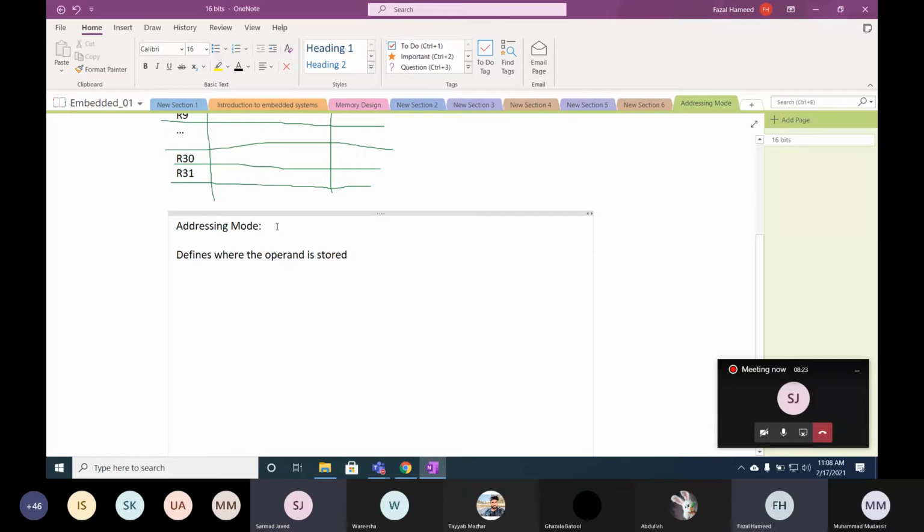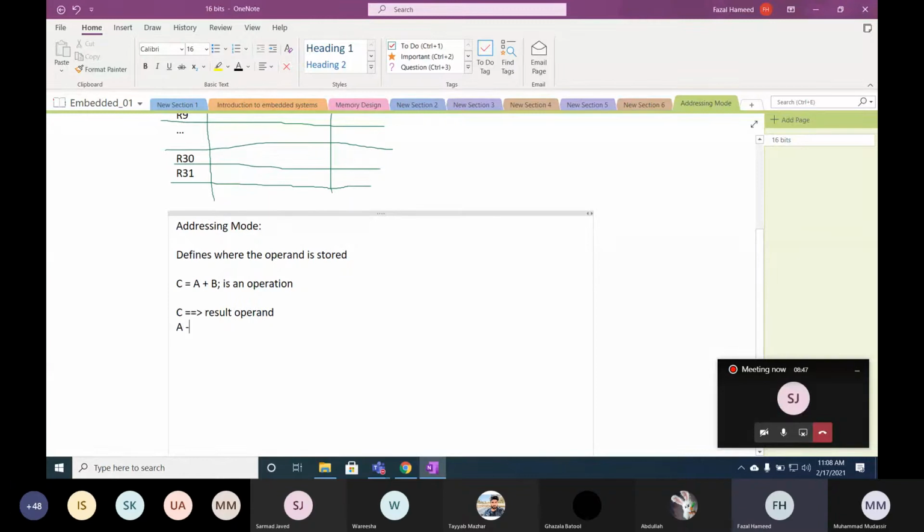Yes, operation. So now I will define this with an example. Let's assume that I'm writing like this: C is equal to A plus B is an operation. C is the result operand.